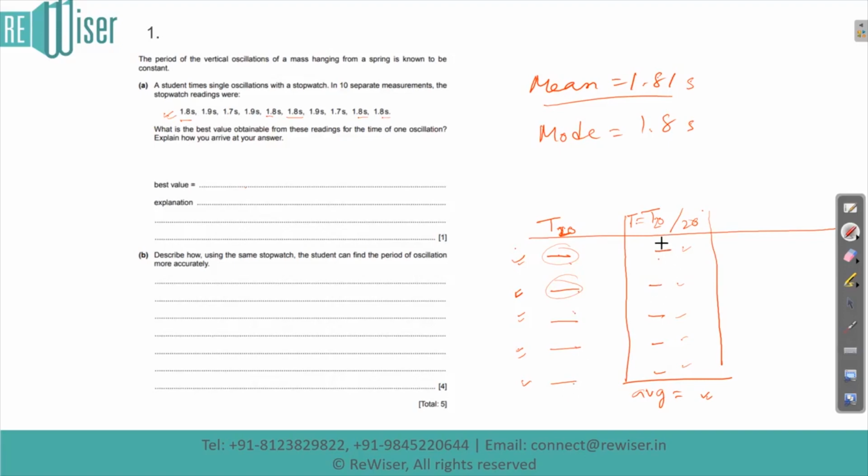Then you are finding out the time period for each 5 times and then averaging it. So the margin of error will drastically decrease. This is how we can find out a more accurate value of the time period of oscillation.